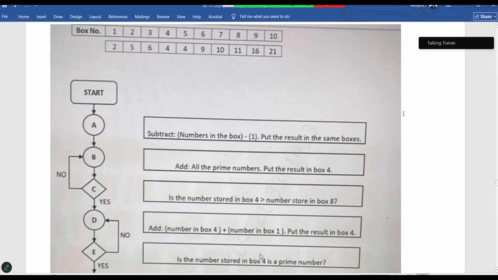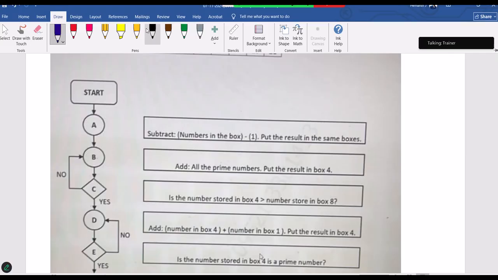Here is the entire thing. Number in the box minus 1. We have to subtract 1, so all boxes we need to decrease by 1. That's the first step.